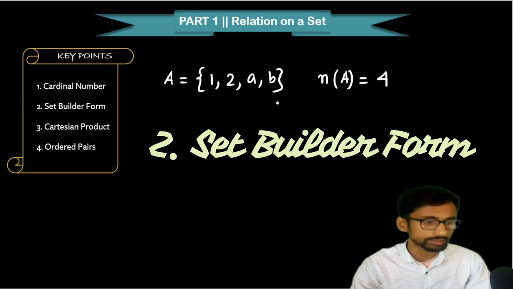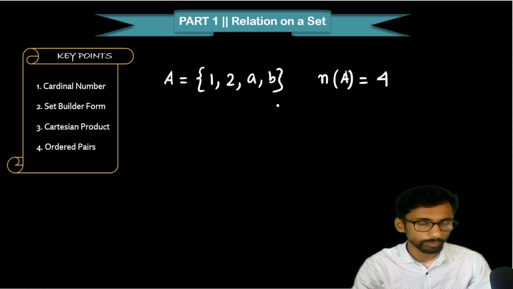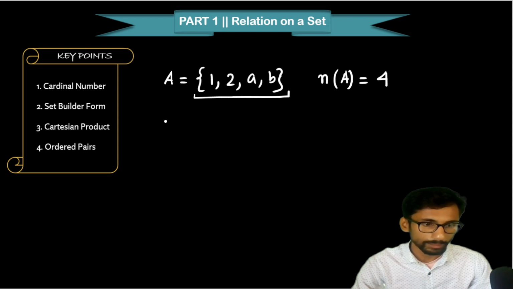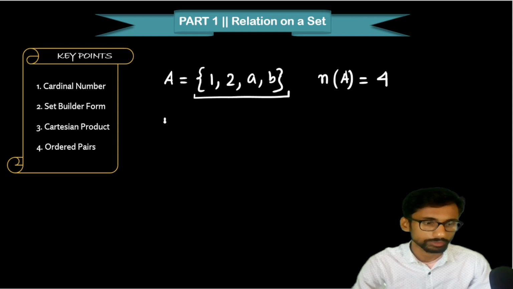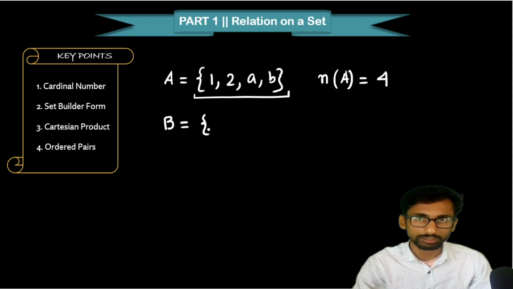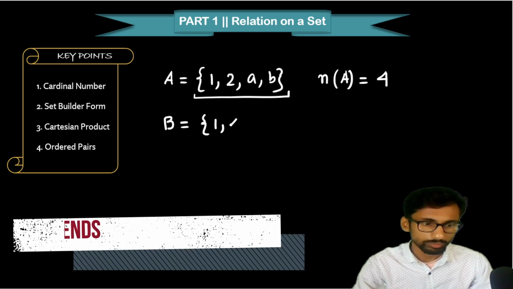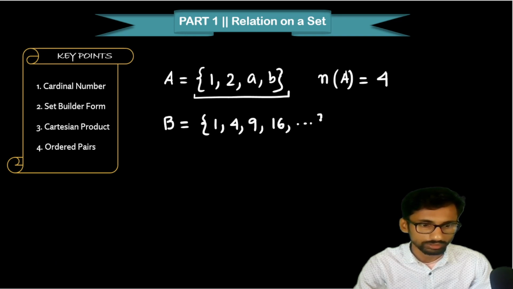The second point is the set builder form. Any set can be represented in 2 forms, a set builder form or the roster form. For example, we are considering squares of natural numbers. That set, suppose we represent it with B, will contain infinite number of terms because there are infinite number of natural numbers. So the elements will be 1, then 4, then 9, then 16, and so on.